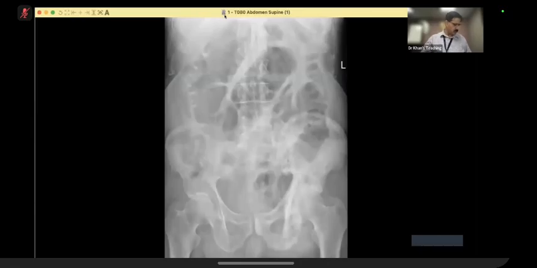Okay, candidate 5. This is your last case. Over to you. 90-year-old, acute abdomen, A&E fail. Candidate 5?